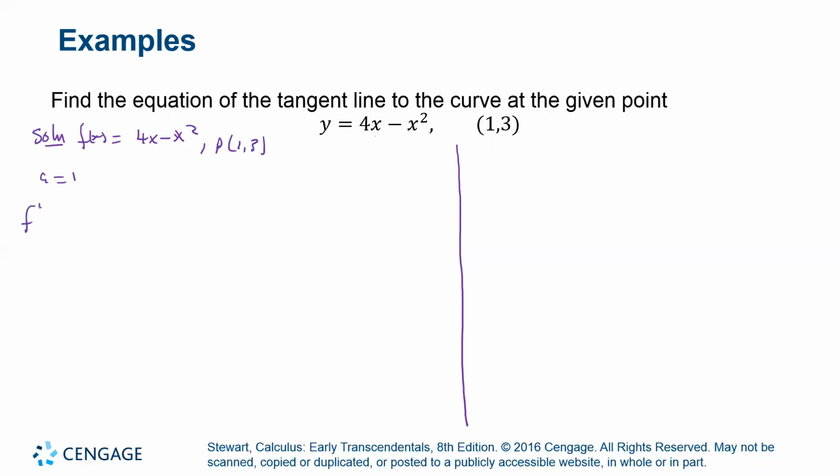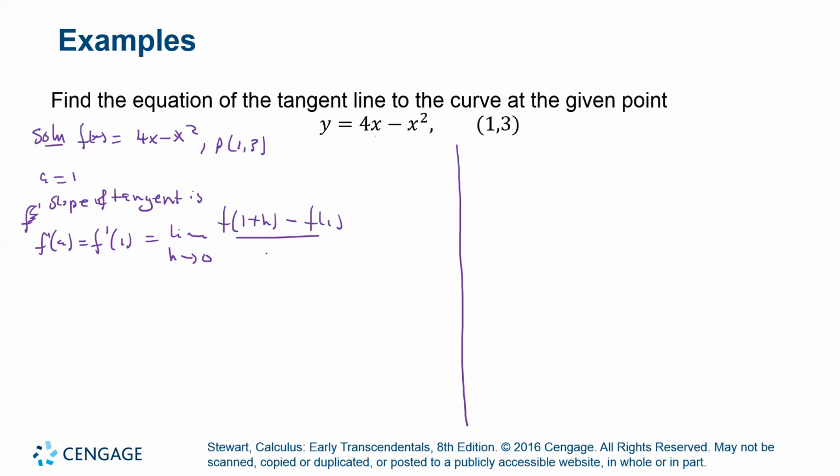So I'm saying the slope of the tangent line is f prime of a, which is f prime at 1, given by the limit. If I use the first definition, as h goes to 0 of f of 1 plus h minus f of 1, divided by h. All right, so now think of it.